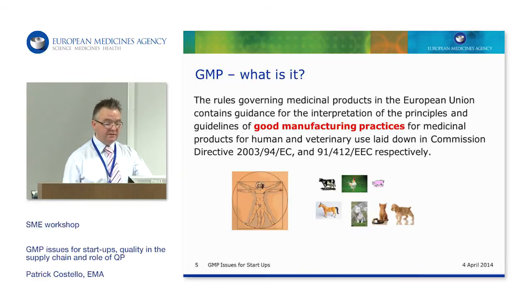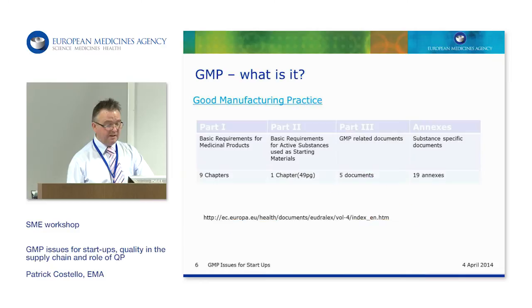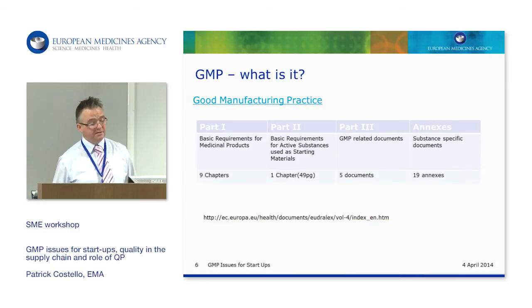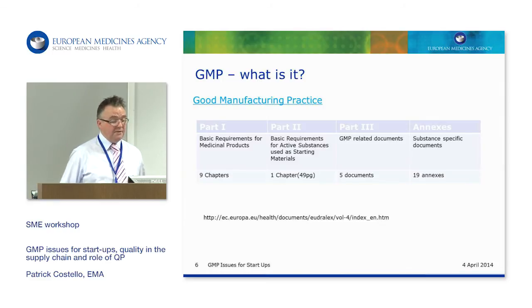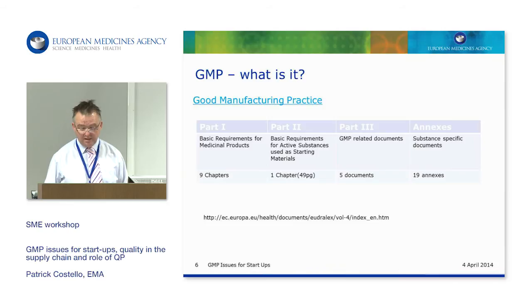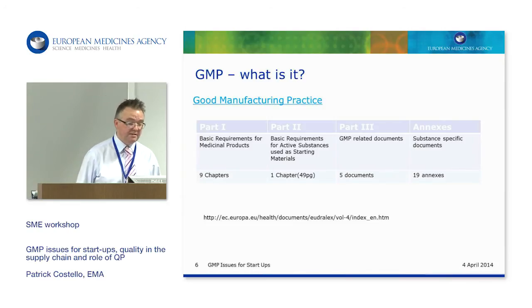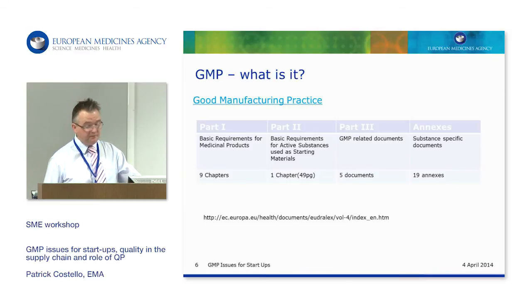These are quite short directives, and as is the nature of this business, they are quite open to interpretation. So that has necessitated the development of what we could call the Good Manufacturing Practice Guidelines, or the GMPs. And these really are the detailed guidance documents that are used by member states when they're inspecting and authorizing sites that are manufacturing medicinal products.